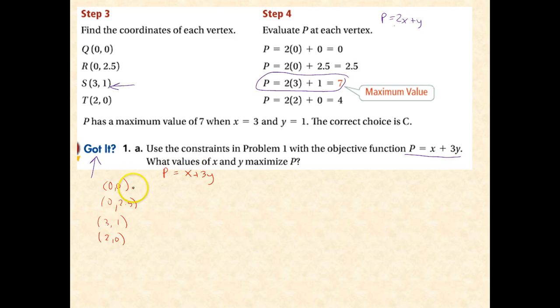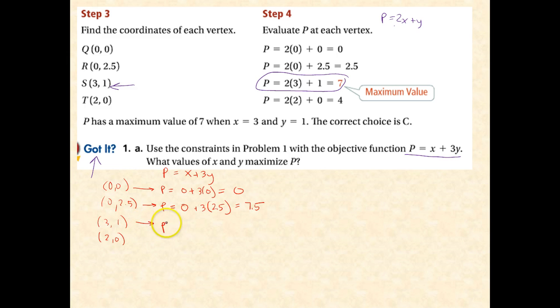For (0, 0), p equals 0 plus 3 times 0, which is 0. For (0, 2.5), p equals 0 plus 3 times 2.5, which is 7.5.